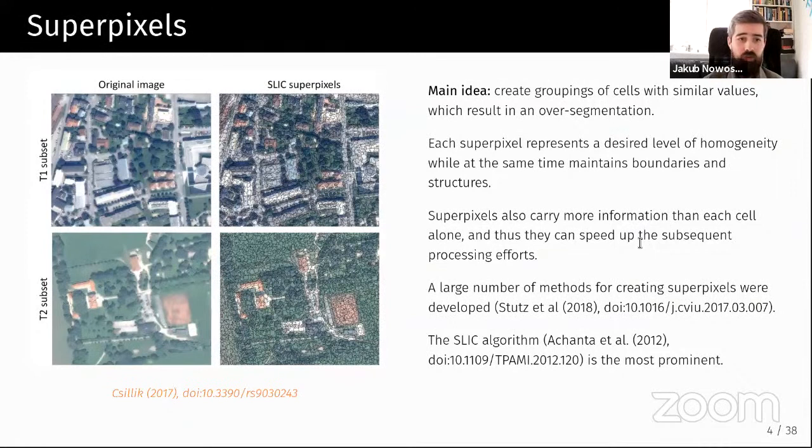So first we try to group very, very similar cells together, and those similar cells will create homogeneous areas. You can see two examples here where we got new polygons, and those polygons are actually our superpixels, and those superpixels contain fairly homogeneous areas. In the last 15 years or so, there have been a few dozen methods to create superpixels, but the most often used is called SLIC.